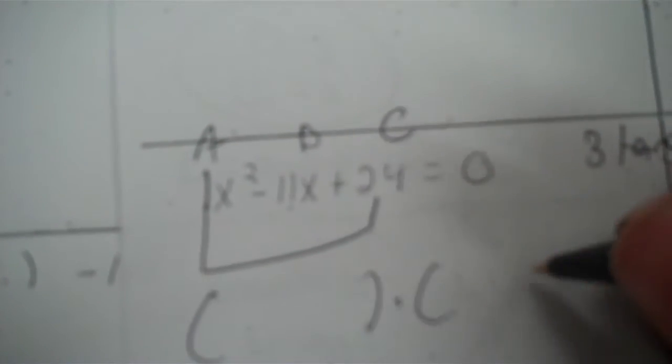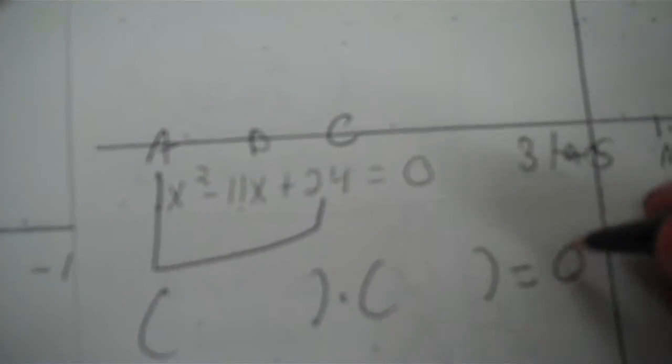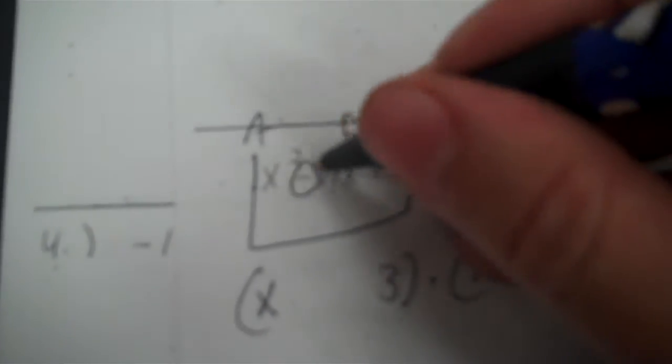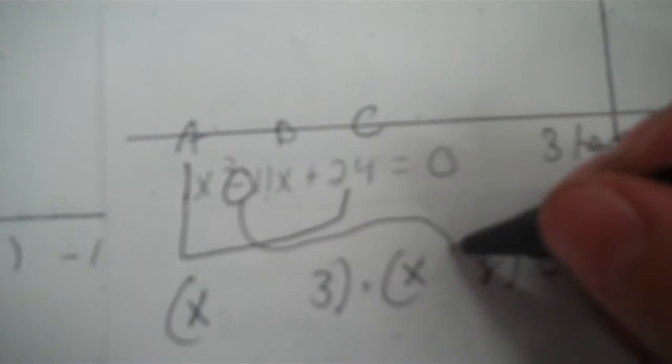Good. Okay, so I go to the 2 parentheses, but I do need to remember to put equals 0. So that's x, and then 3 and 8. So I have the minus sign there, so I need to have minus 8 for sure. And a sum means the signs are the same.